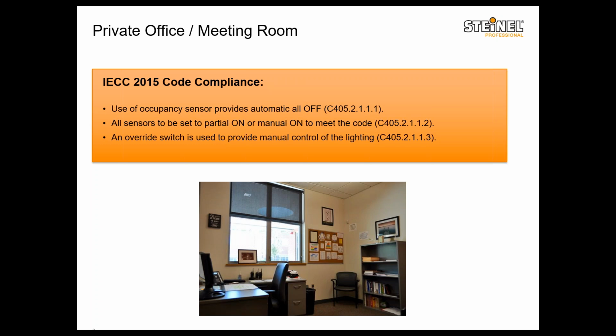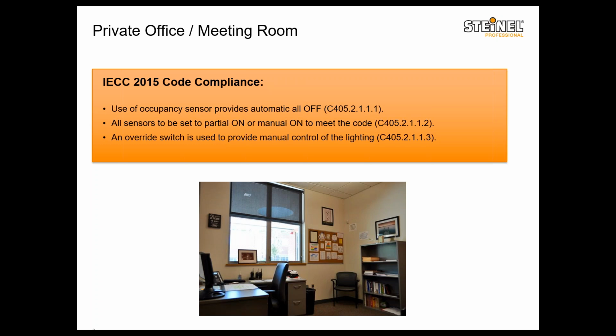So this is the most common case, like the nurse's office or principal's office. You have a maximum 300 square feet meeting room or office, and you have to provide the controls. You have to have an occupancy sensor to provide automatic all off for this type of space.